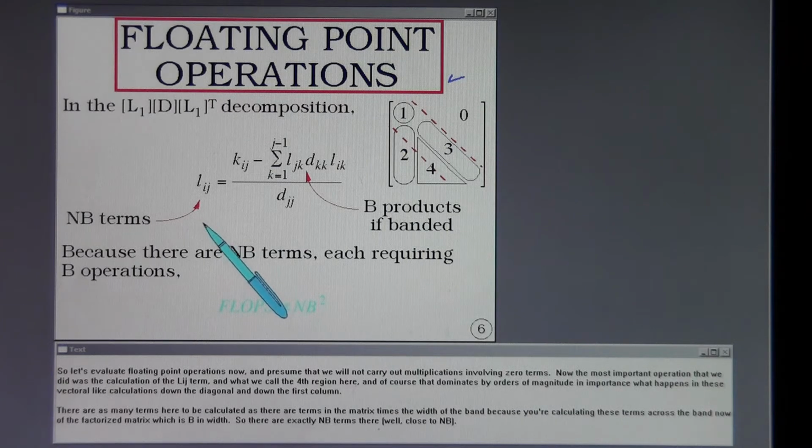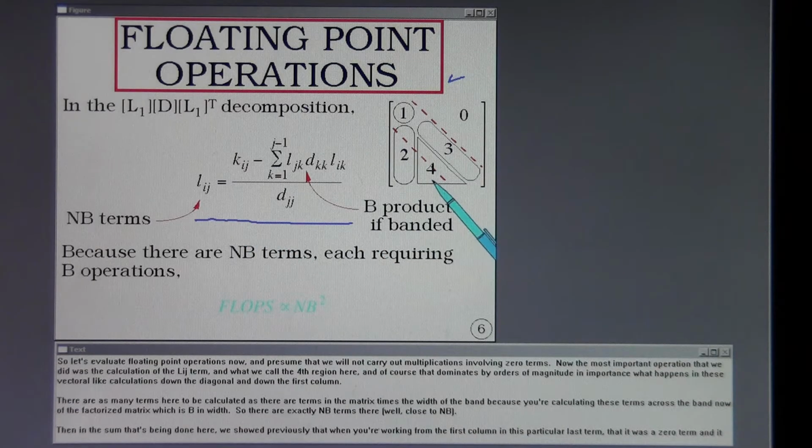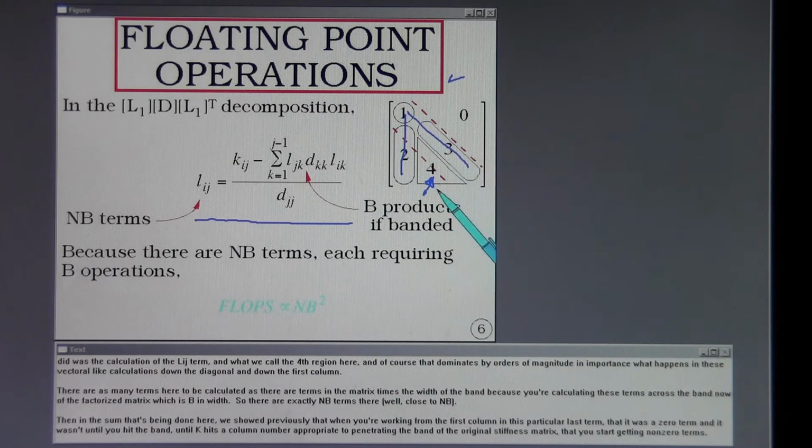Now, the most important operation that we did was the calculation of the Lij term in what we call the fourth region here, and of course that dominates by orders of magnitude in importance what happens in these vector-like calculations down the diagonal and down the first column.